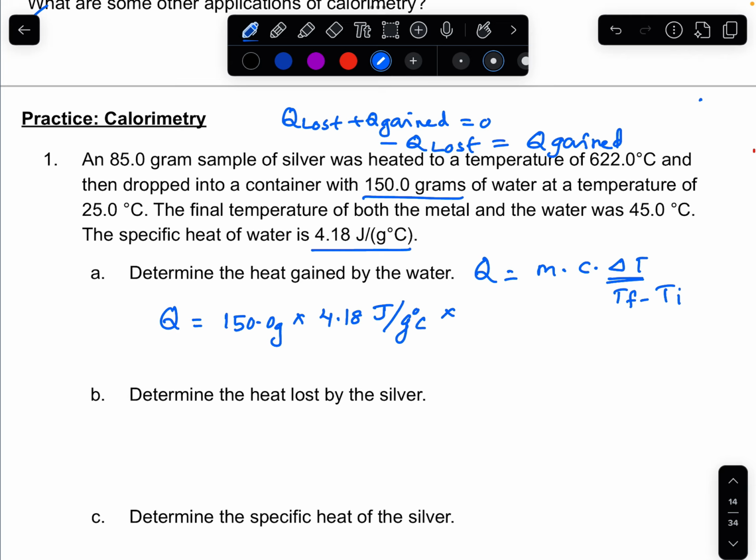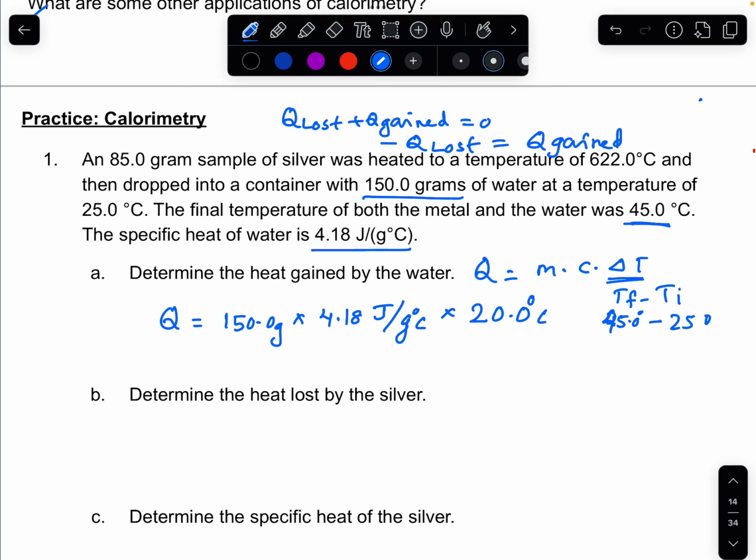The final temperature of both is 45.0 and the initial temperature is 25.0, so the difference is 20.0 degrees Celsius, keeping the sig figs correct.